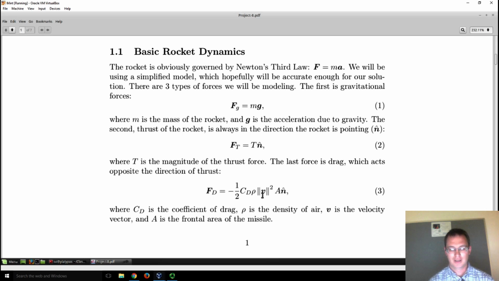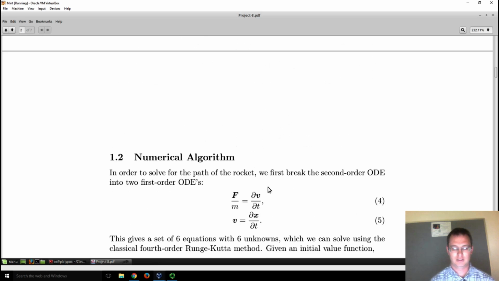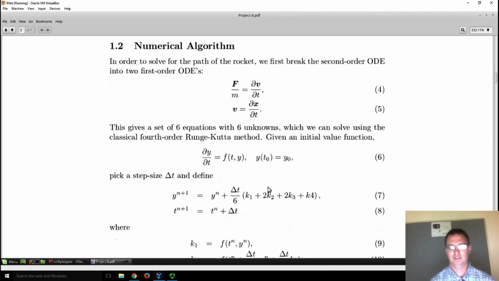So we're going to solve this. We take our second order ODE, split it up into two first order ODEs, which gives us 6 equations with 6 unknowns. We can then solve this using a fourth order Runge-Kutta method.